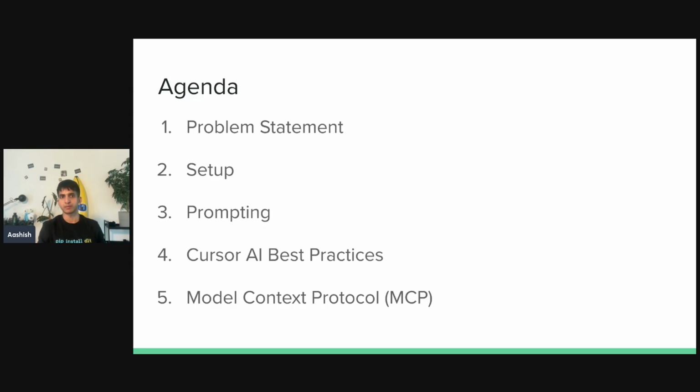After that, we'll pivot over to talk about the best practices of Cursor AI for those who are still unfamiliar with the IDE and have never used it. And then finally, we'll touch on a very hot topic, Model Context Protocol, or MCP, and we'll be talking about how we can leverage MCP to improve our workflows for building data pipelines.